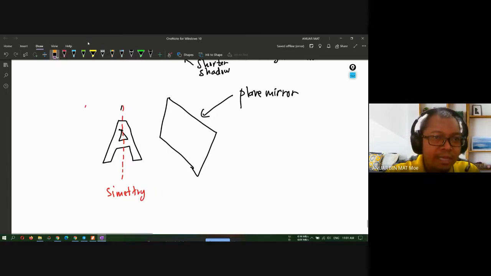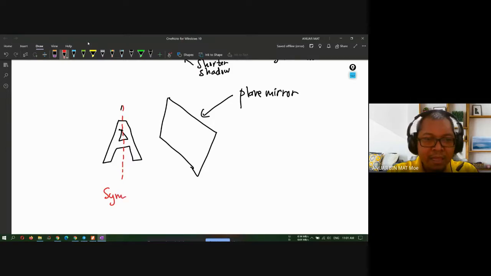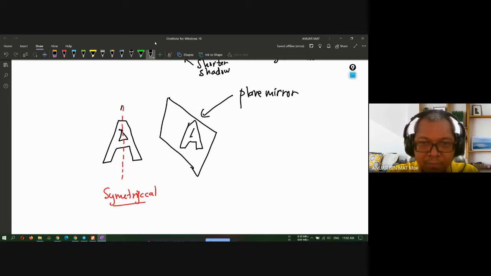If the object is symmetrical, so there is no problem, right? Because if the object is symmetrical, meaning the left side and the right side are the same, so there is no problem. The image formed on the plane mirror is also like this. Right?